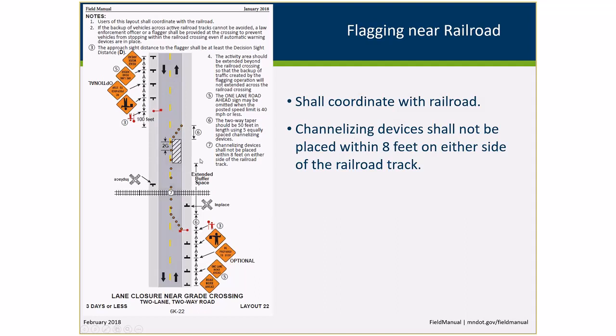And the other thing is that in consultation with the railroad office within MnDOT and their experience working with the railroads, there are criteria that the channelizing devices can't be any closer than 8 feet on either side of the railroad track. So that's generally for railroads. We found out today that LRT requires 10 feet. So again, that's another reason why you need to coordinate with the railroad to verify certain things like that.